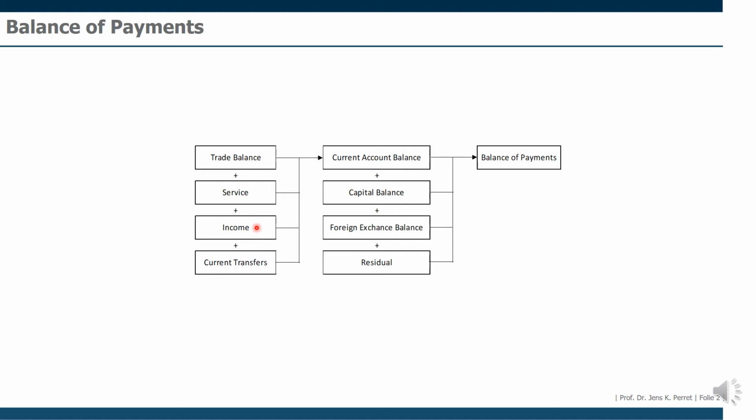In this case, you earn your income in one country, but you live in another country, so your income is transferred from one country to another country. And that's what this income balance actually summarizes: the income flowing from one country to another.